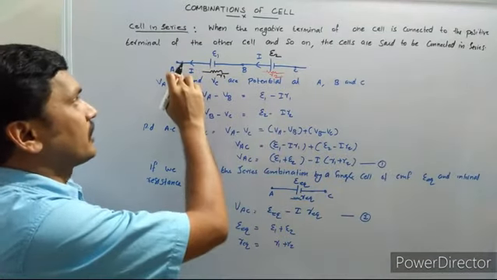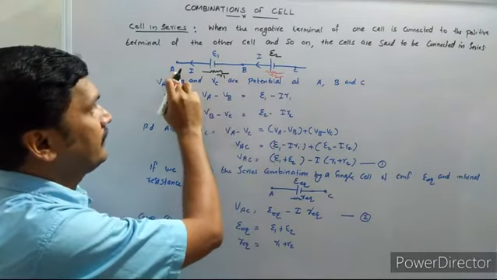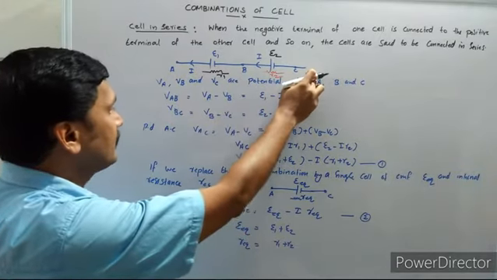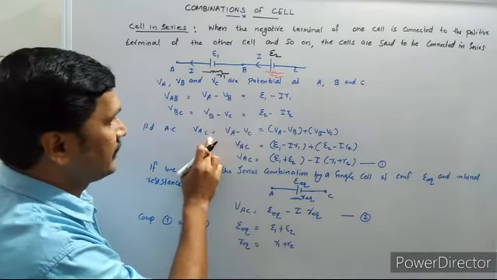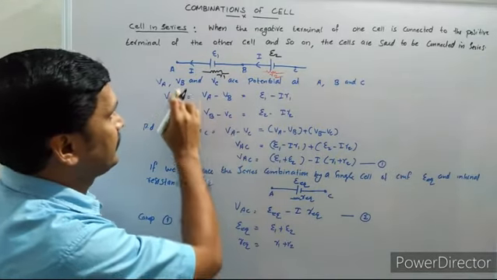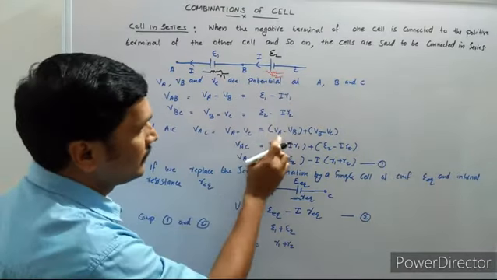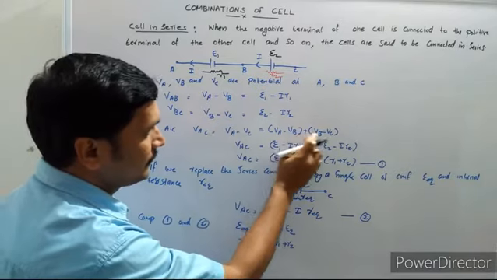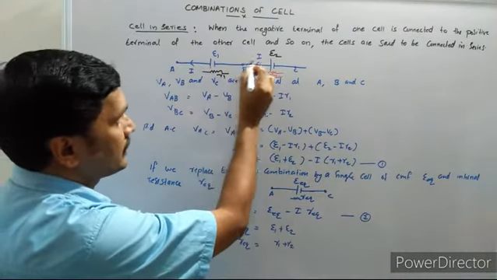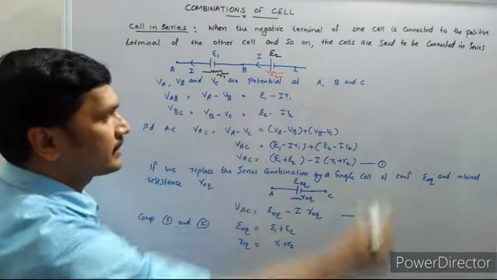Now let us see the potential difference between A and C. That can be written as the potential difference between A and B plus the potential difference between B and C. That is, VAC is equal to VA minus VC, which equals VA minus VB plus VB minus VC.